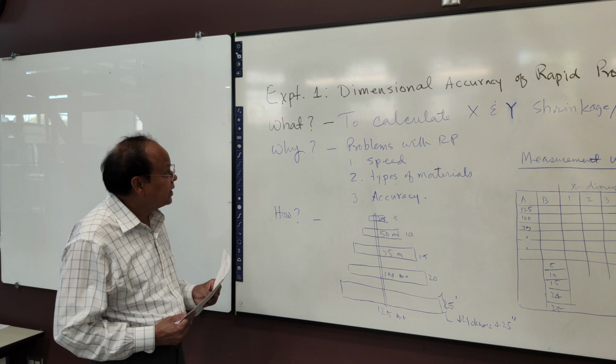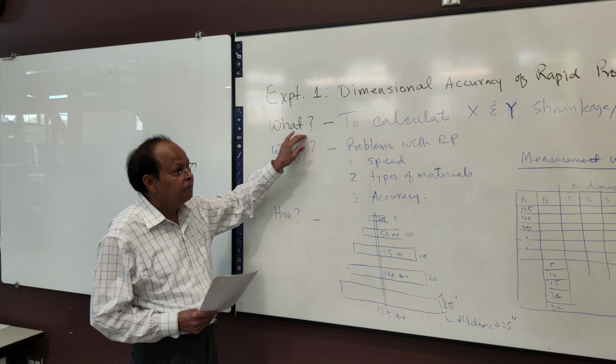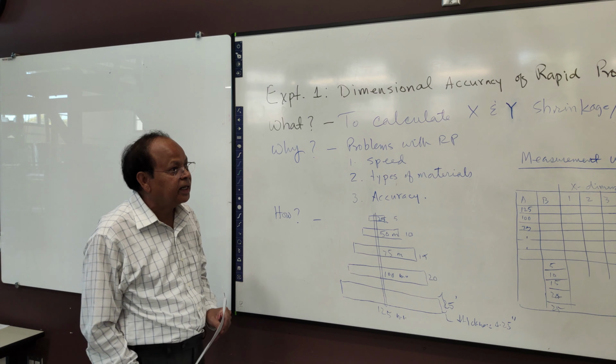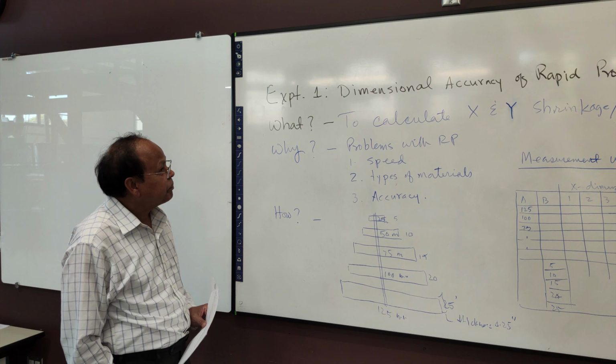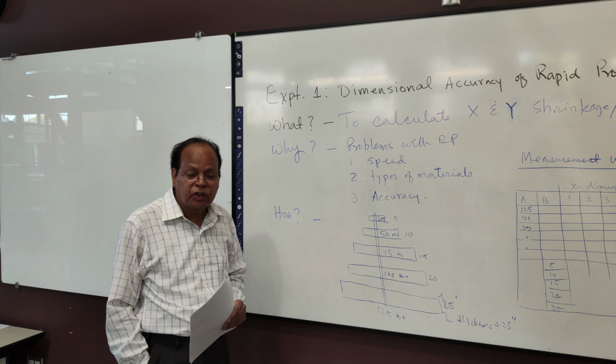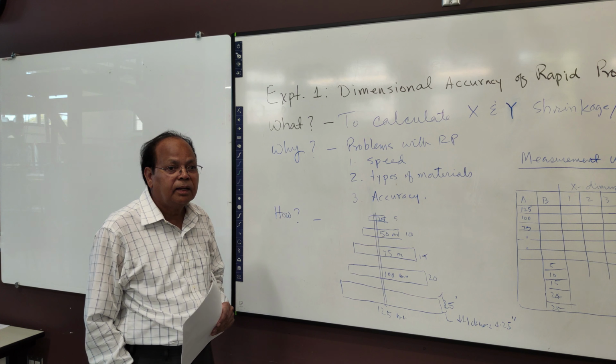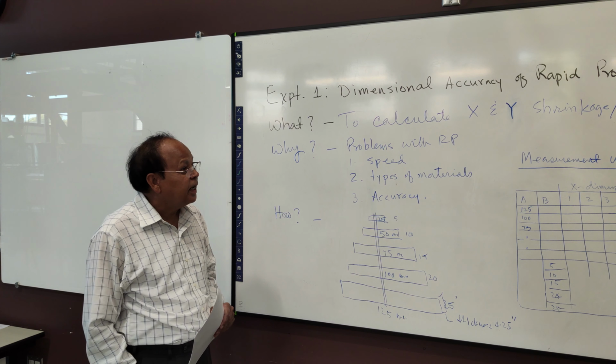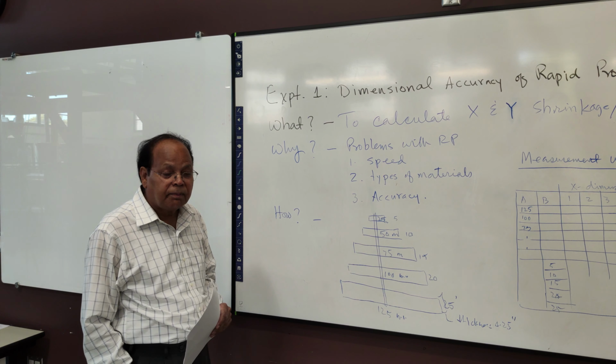experiment 1. So as I said, what we are doing, our main goal, is to calculate the X and Y shrinkage or expansion factors of the rapid prototyping machine we are going to use here. We are going to use the Stratasys, one of the top rapid prototyping manufacturing companies of the world, and we have a couple of their machines.